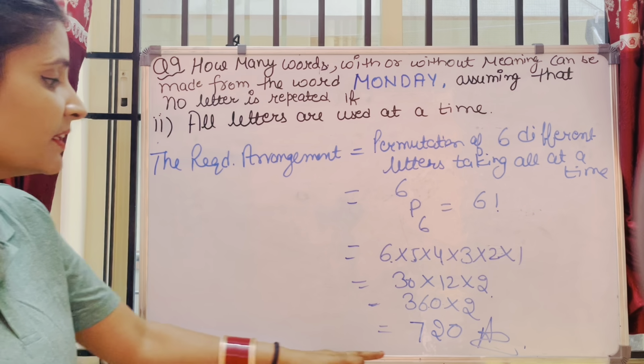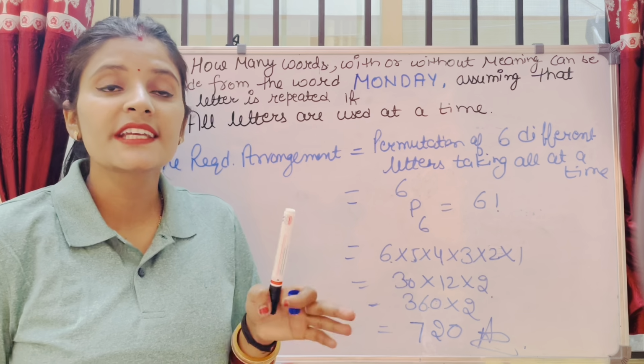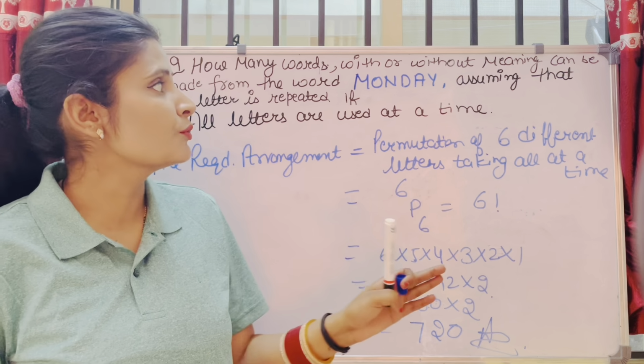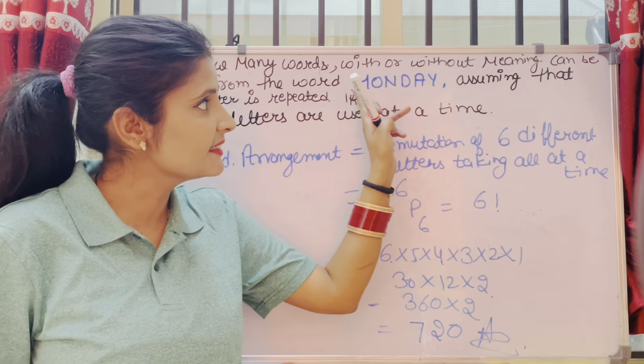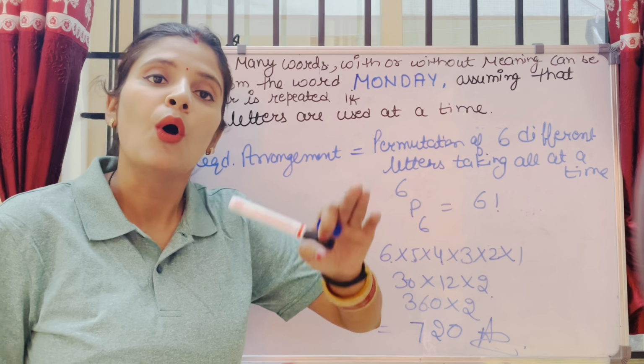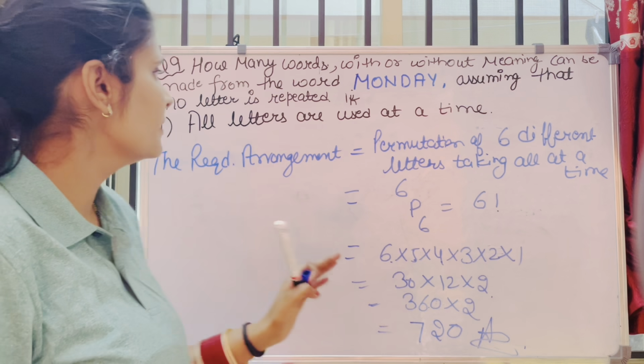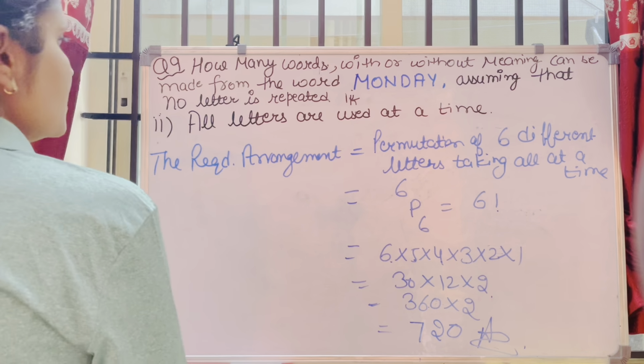So 720 words we can form by using these 6 letters taking all at a time. So this is our second condition.